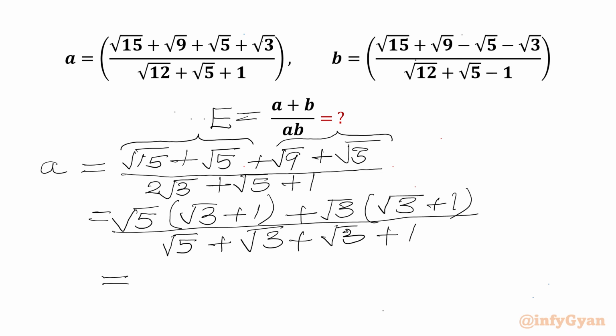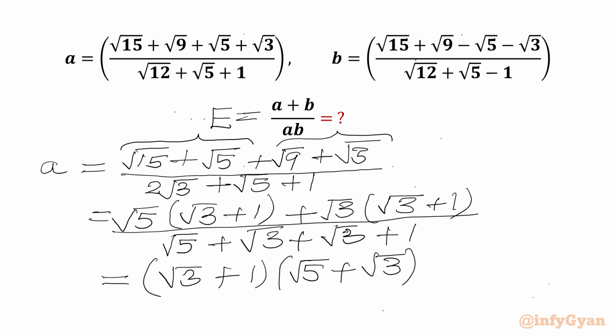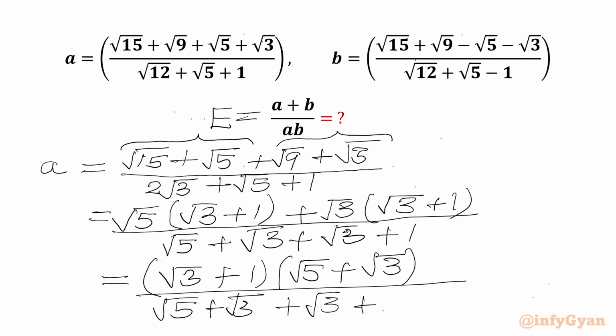Now I can take root 3 plus 1 common out. In the other bracket, we'll get root 5 plus root 3. In the denominator, we will write root 5 plus root 3 plus root 3 plus 1.